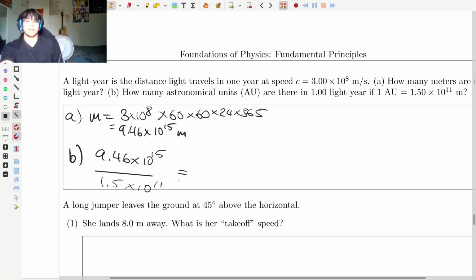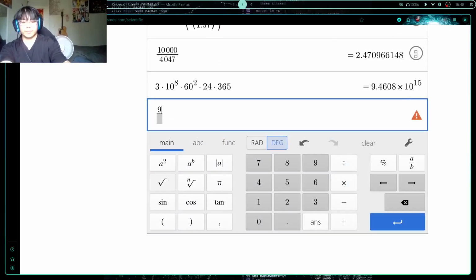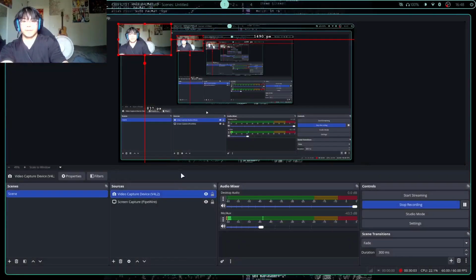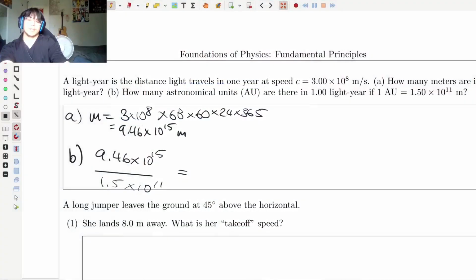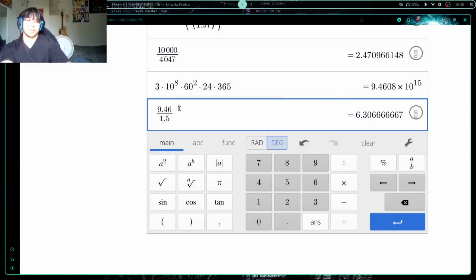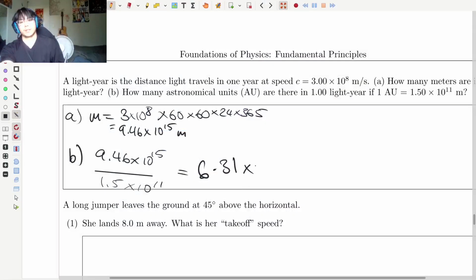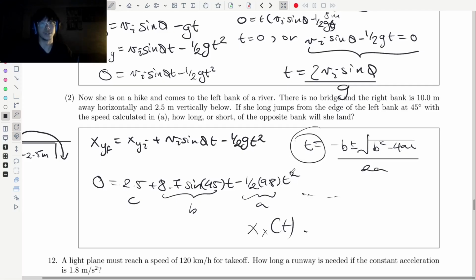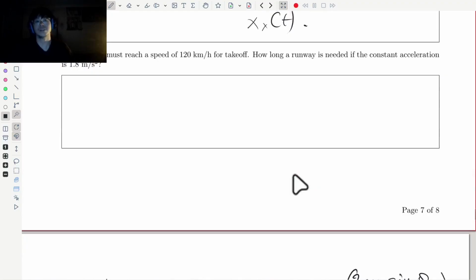So 9.46 over 1.5. 10 to the 15 over 10 to the 11, you will be left with 10 to the 4. So this is 6.31 times 10 to the 4. Yeah, we'll just move on to 12.